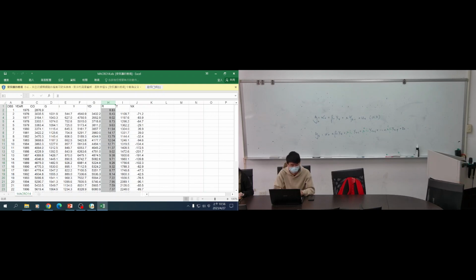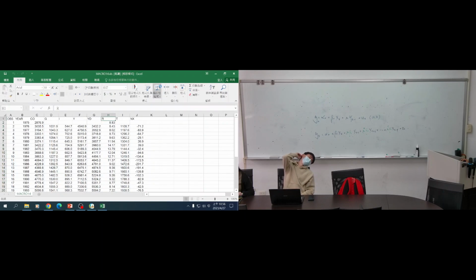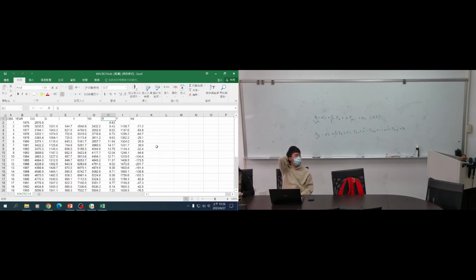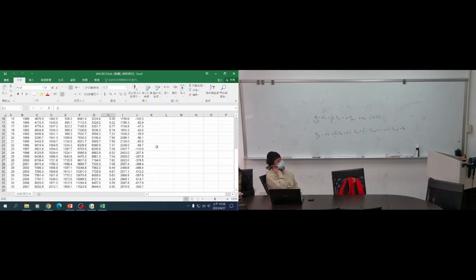So let's see the data set here. How many observations do I have? This is years from 1975 to 2007, so 33 years, right? I have 33 years.